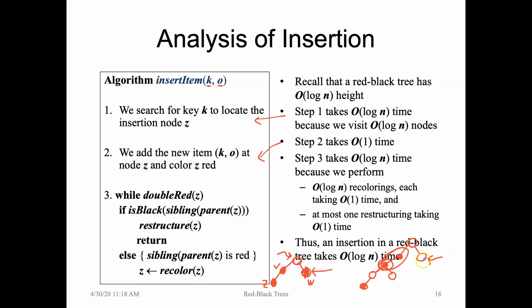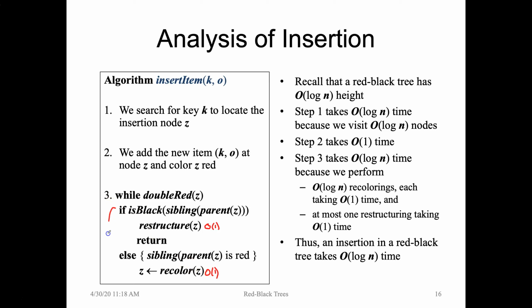Or if this is red, we have to do a recoloring and then check again, did we propagate that double red up our tree? So notice that when we do a recoloring, just one recoloring is constant time because we're just changing a constant number of color attributes for those 3 nodes. Same as restructuring. One restructuring just by itself is constant time. One recoloring just by itself is constant time.